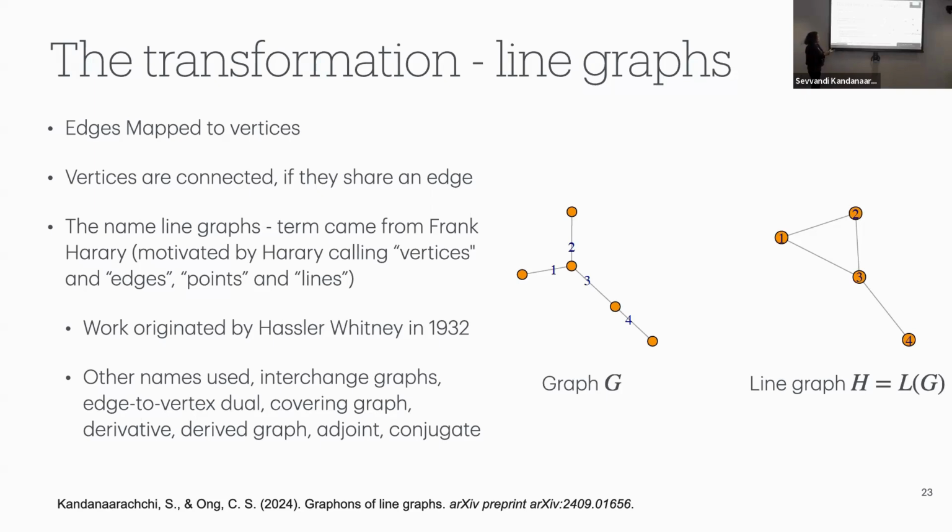So people have used other names: interchange graphs, edge-to-vertex dual, covering graph, derivative graph, derived graph, adjoint, conjugate. Computer scientists use non-backtracking graphs. All these different names are there, but the name line graph is still the standard one that people use.